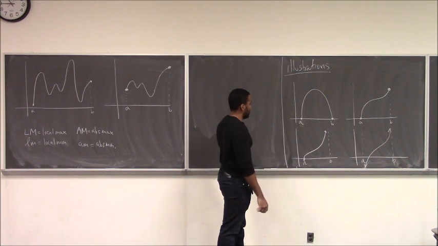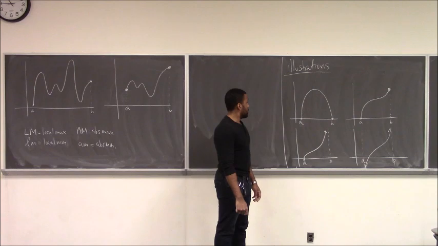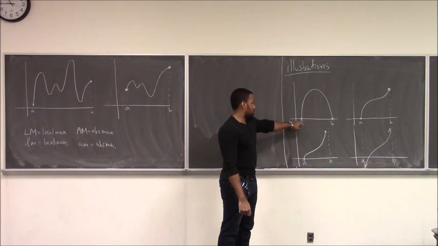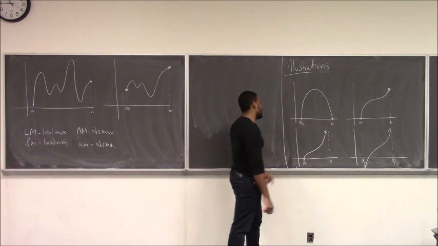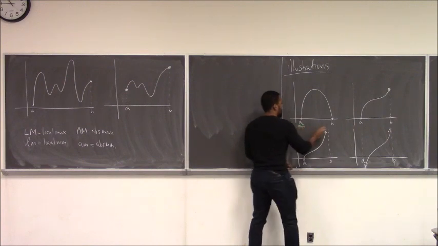Where would they be? X equals 0? Like, you mean where y equals 0? The locations of A and B? Yeah. Do you think of those as absolute minimums?